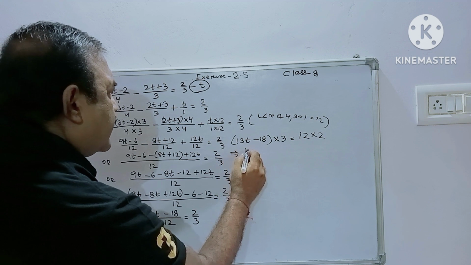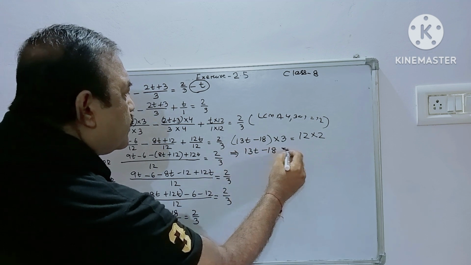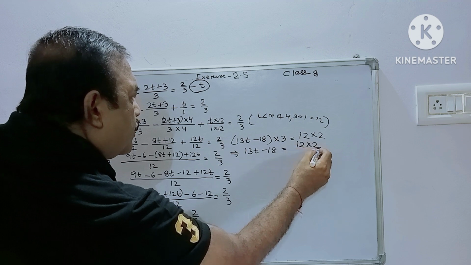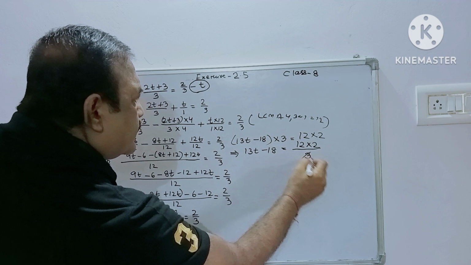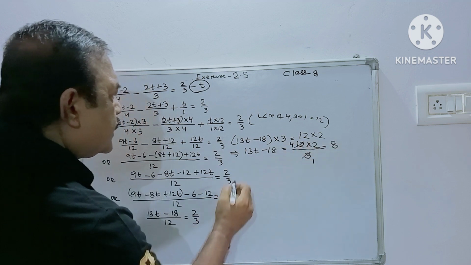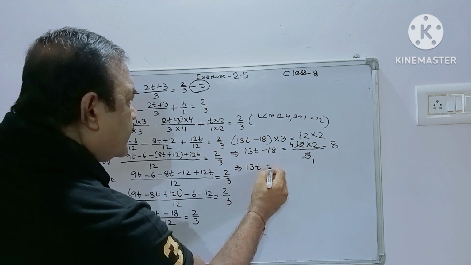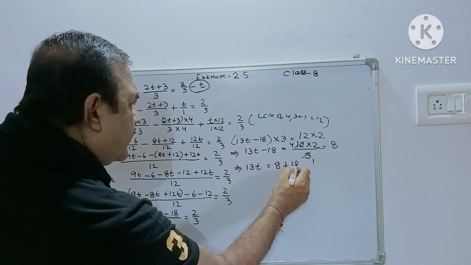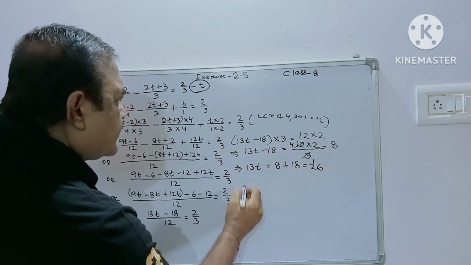That implies 13t minus 18 is equal to 12 into 2 divided by 3. 3 1s are 3, 3 4s are 12, that is equal to 8. That implies 13t is equal to 8 plus 18, that is equal to 26.